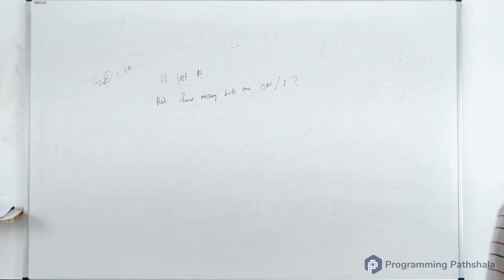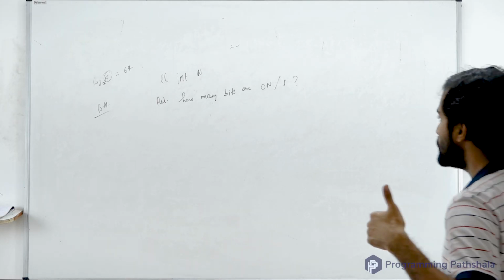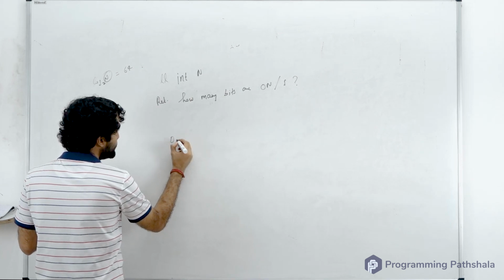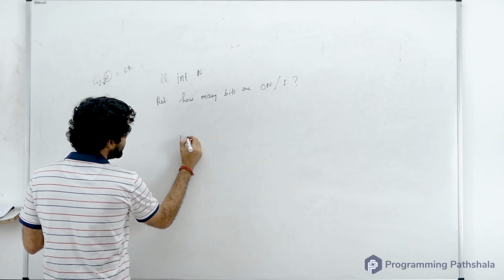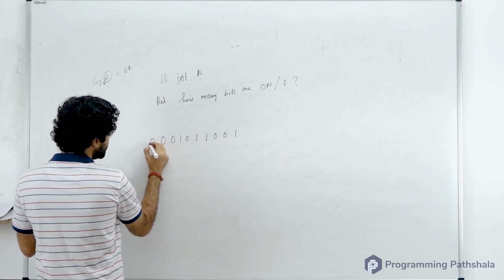Okay, how many of you have thought of using a bit mask? You can use a bit mask also and get your job done. So let's say the number is of this representation, 1011001, and then everything here is 0.